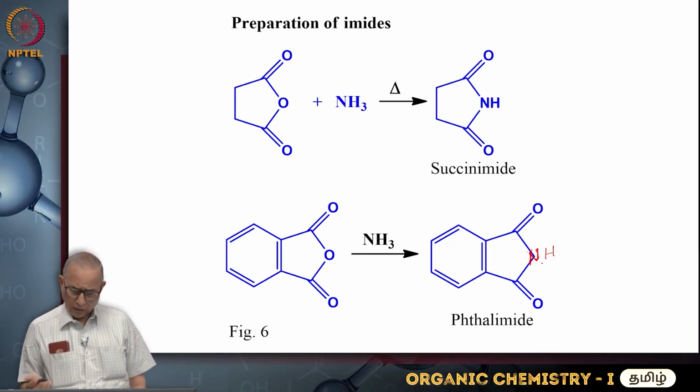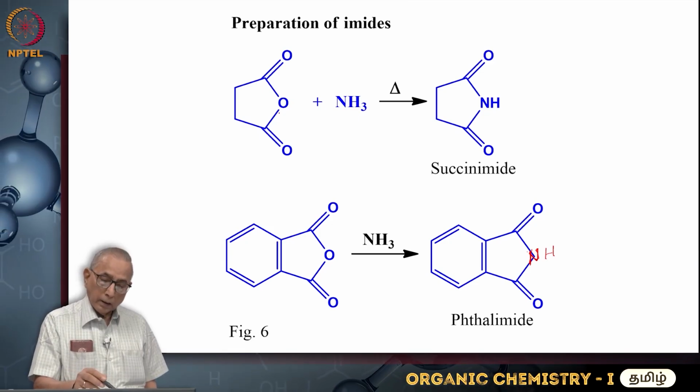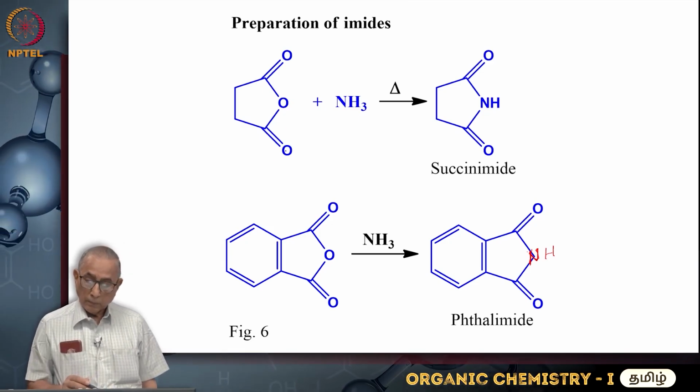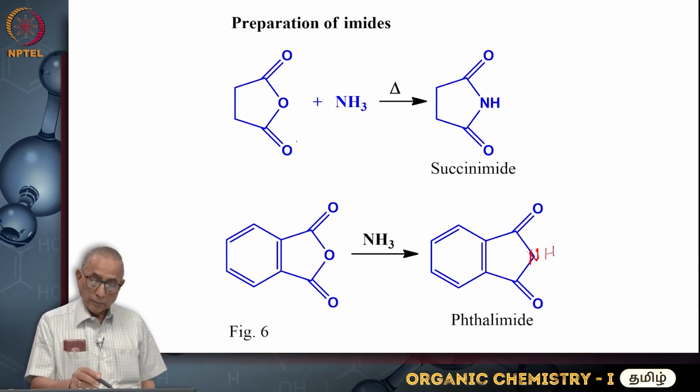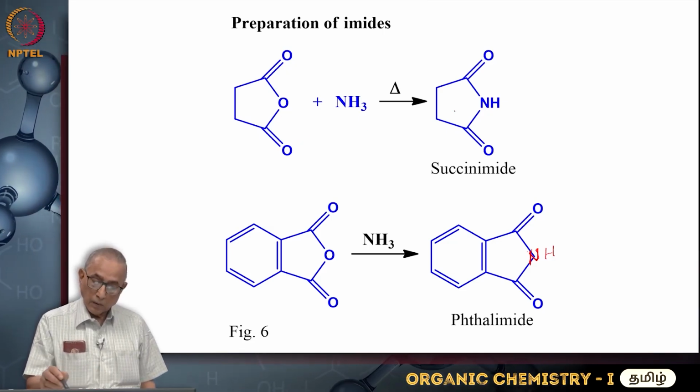This goes through an intermediate, ammonia இங்கே react பண்ணி amido carboxylic acid form ஆகும். And the carboxylic acid will react with the amido group and form this imide.